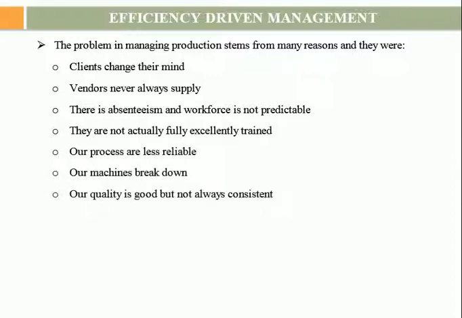Our quality is good, okay, but not always consistent. On top of that, my reporting, or the data that I need on my table for me to plan or replan or take corrective action, is also not accurate. This is what was told to me.